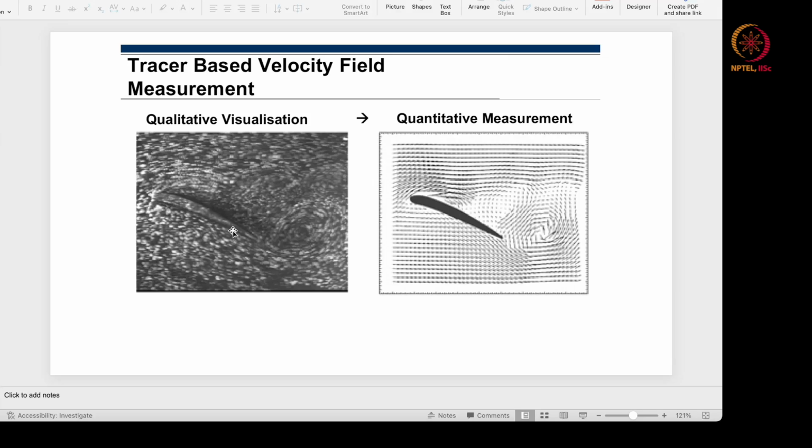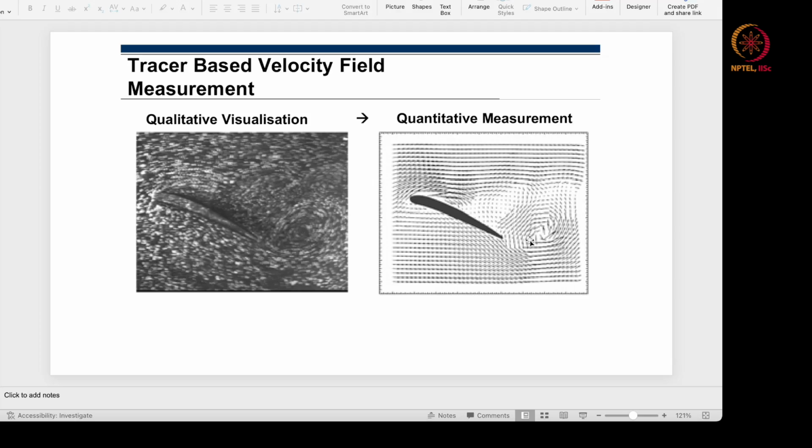Now, this is qualitative. So this roughly shows that, okay, there is a flow, and then there is a separation, and you get a vortex being shed over here, but you really do not know what the velocity is, and what, for example, derived quantities like vorticity are.